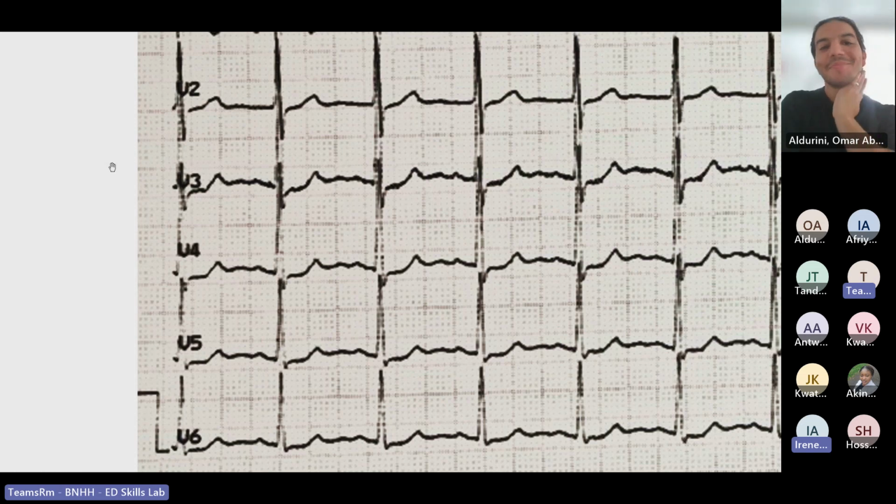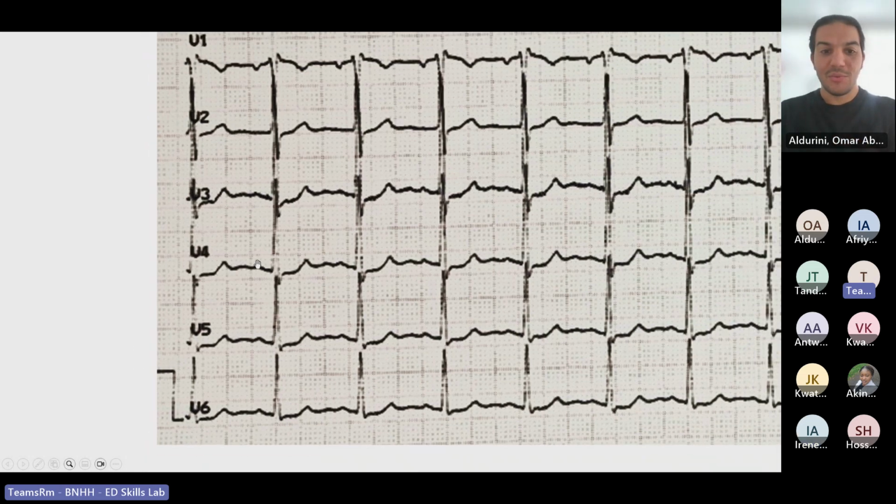They are all depressed, except V2, which is almost the same time as V6. And V3, V4, V5, V6: you can see this is the baseline, and the J point is down here. The same in V4, the same in V5, the same.